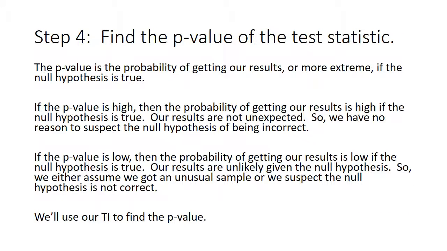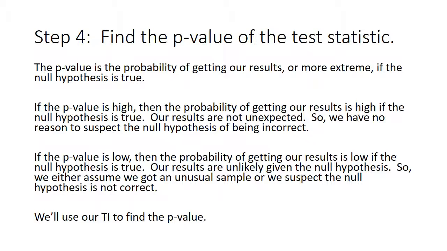Now we want to find the p-value of the test statistic. We want to find the p-value for the results that we got. And the p-value is the probability of getting our results or more so if the null hypothesis is true. If the p-value is high, then that says the probability of getting our results, if the null hypothesis is true, is pretty high.